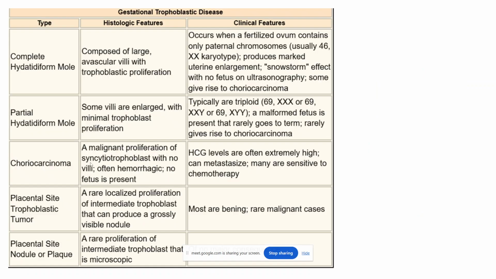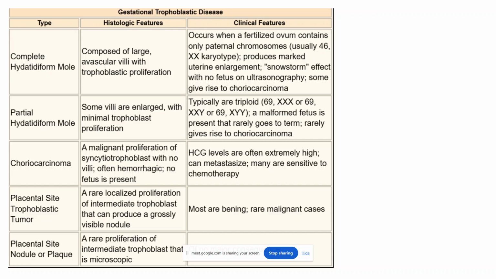The differences between these: the complete hydatidiform mole has large avascular villi projections with trophoblastic proliferation. Clinically, it occurs when a fertilized ovum contains only paternal chromosomes, that's XX chromosomes as such, and maternal chromosomes are not added on.